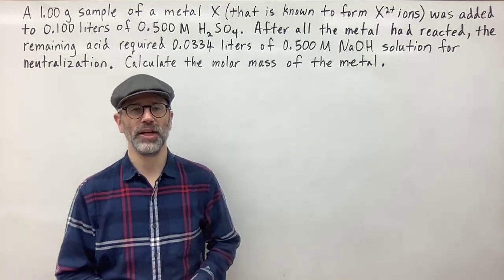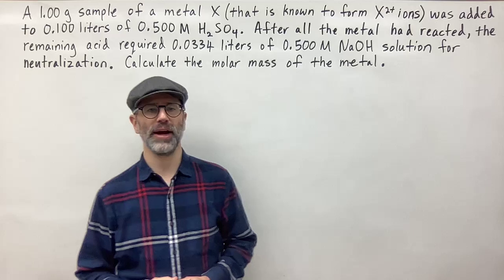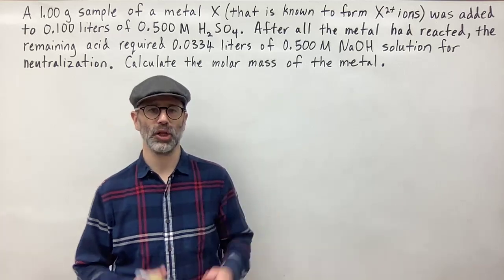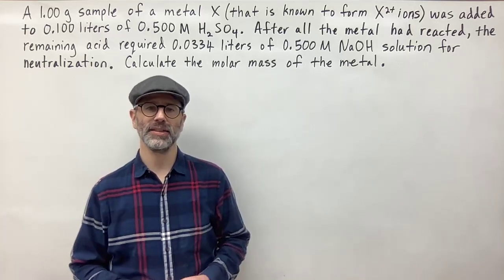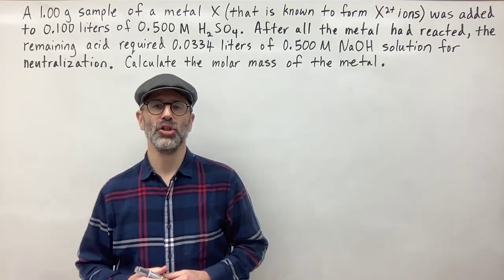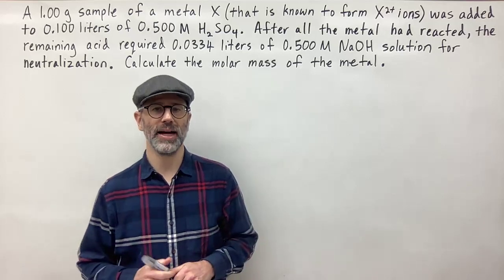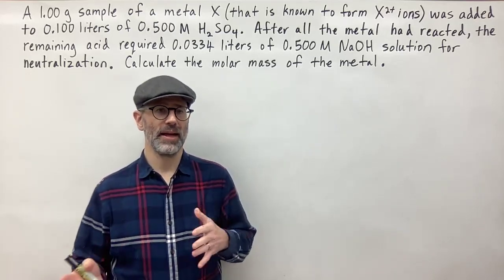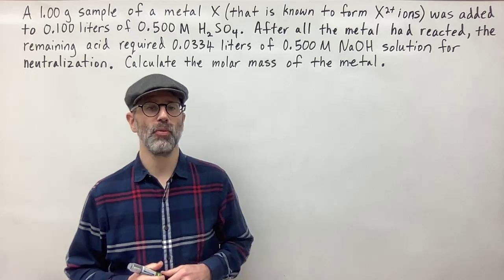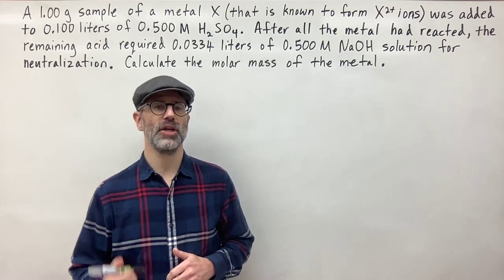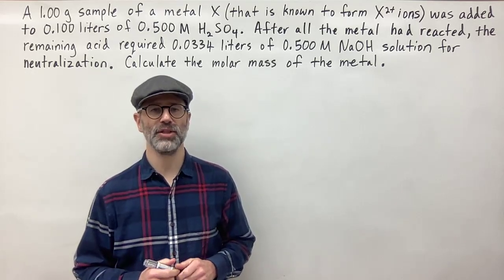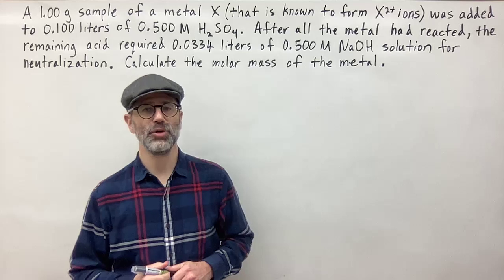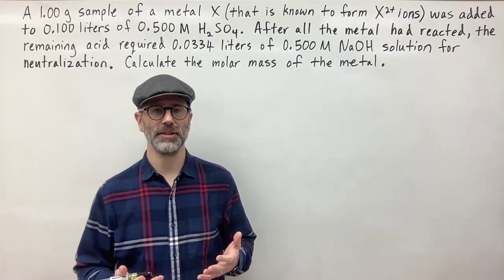In this problem we're given a 1.00 gram sample of a metal X, and they tell us that it's known to make 2+ ions, so X2+ ions. This was added to 0.100 liters of 0.500 molar H2SO4, or sulfuric acid.